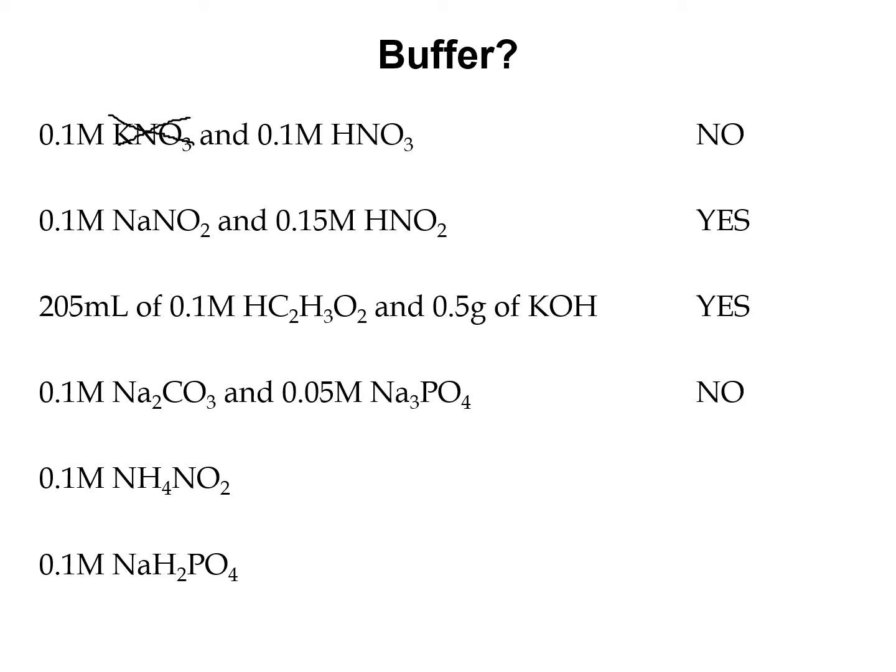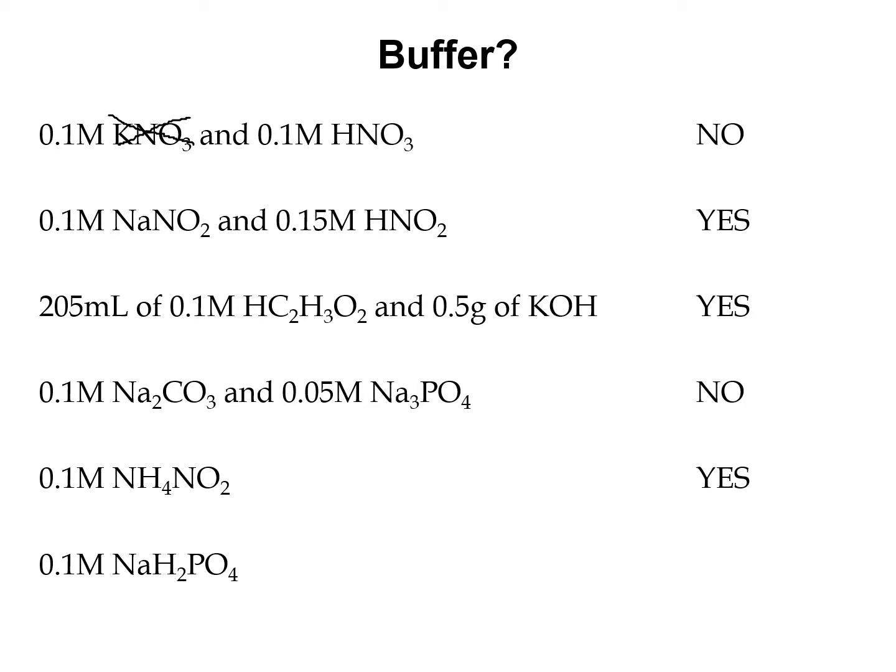If you look, ammonium, the NH4 plus, will attract hydroxide, and ammonium hydroxide is a weak base, so that's fine. The nitrite can absorb the hydrogen, producing nitrous acid, so this by itself is considered a buffer.